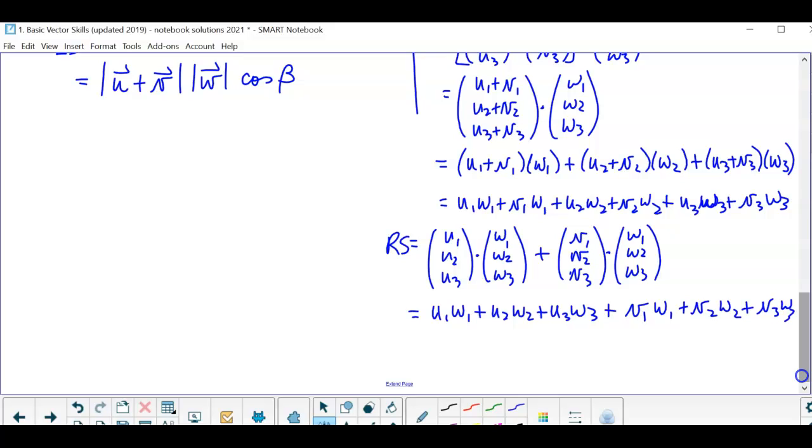If it's not working out to be exactly the same order, then just rearrange.